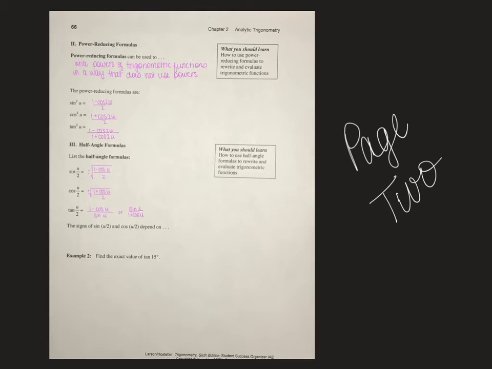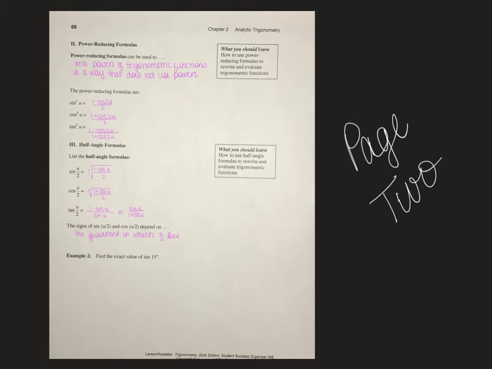You need to be able to figure that out. And really what that depends on, whether or not it's going to be positive or negative, it just depends on where that angle of u over 2 lies. So there you go, the quadrant in which u over 2 lies.